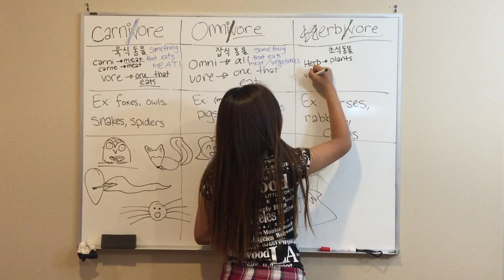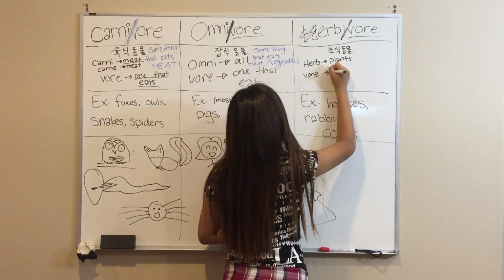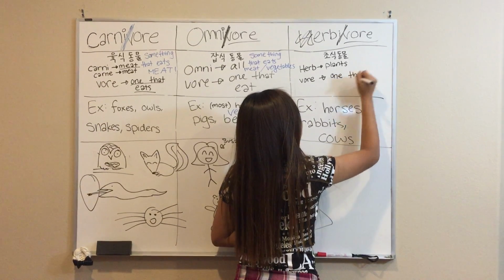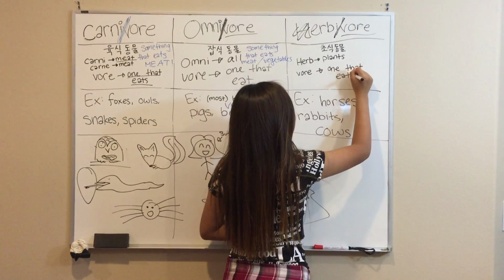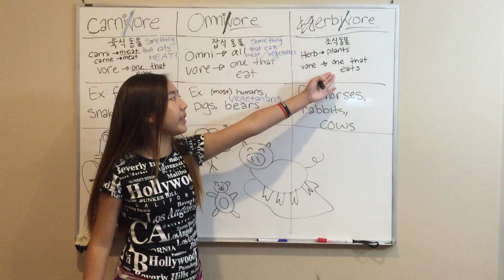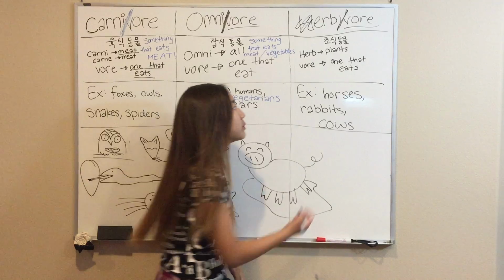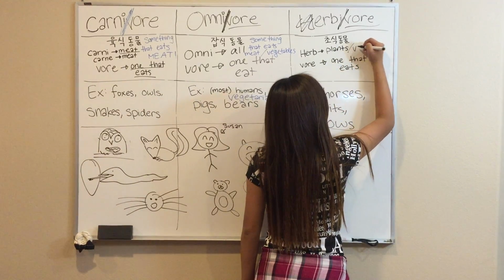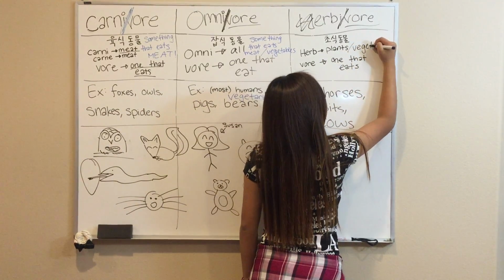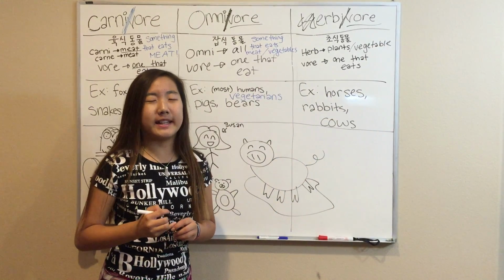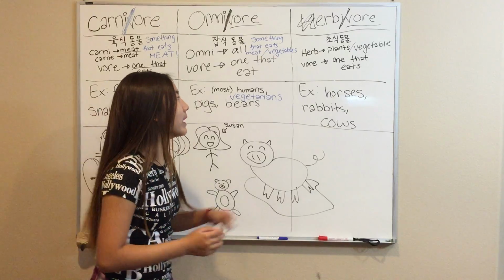And then vor is again one that eats. One that eats plants. Plants are related to vegetables. So let's just put vegetables, because it sounds better. We don't eat plants, we eat vegetables.